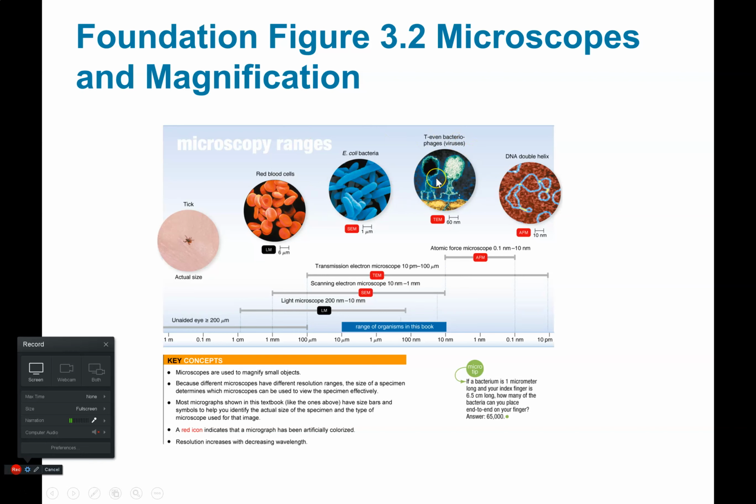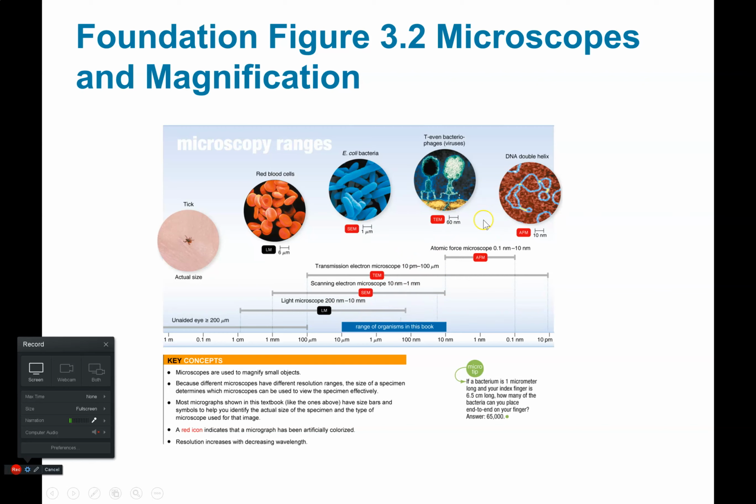Here are viruses called bacteriophages. They're viruses that infect bacteria. Viruses are in the nanometer size range, and so they can only be viewed with an electron microscope or other high-powered microscopes. You cannot see viruses with a light microscope, as you can see from this diagram.